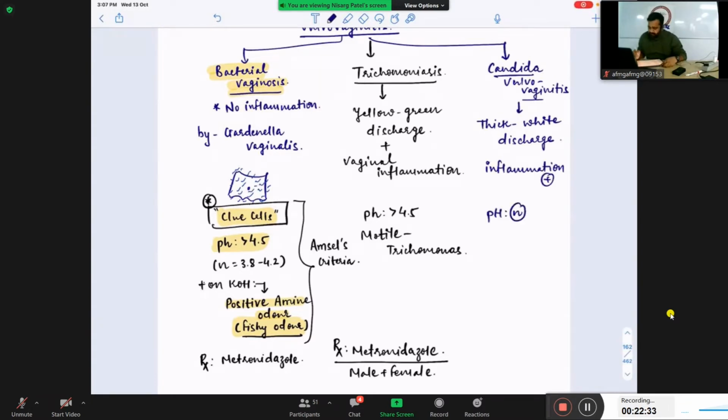But what you will notice is that pH will be in the normal range. So this is the differentiating feature of Candida vulvovaginitis. You will see pseudohyphae. The drug of choice is fluconazole.